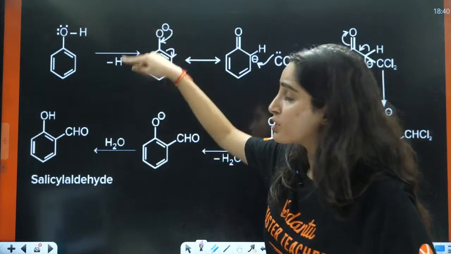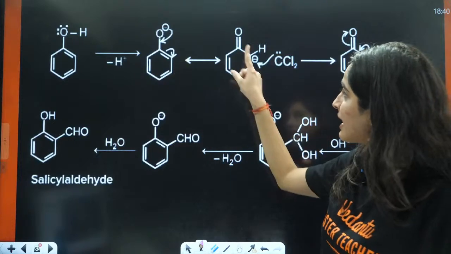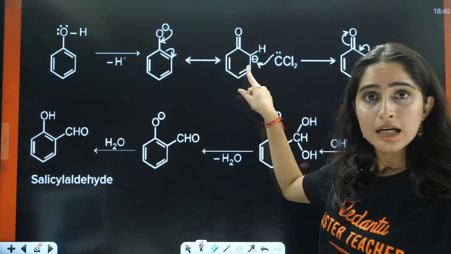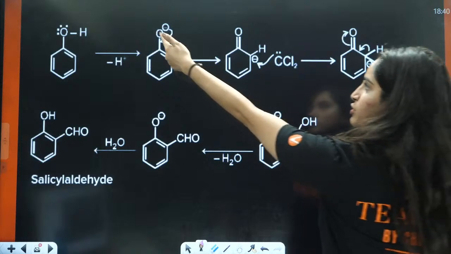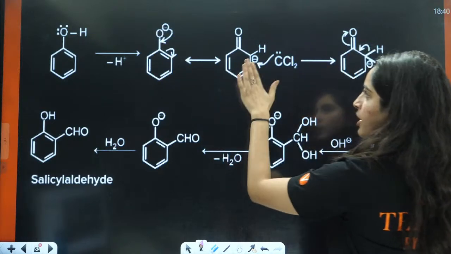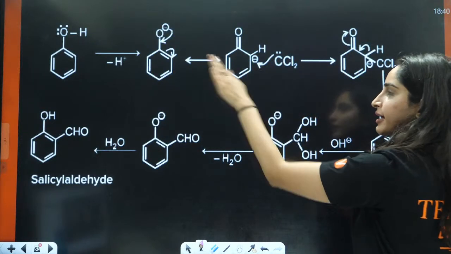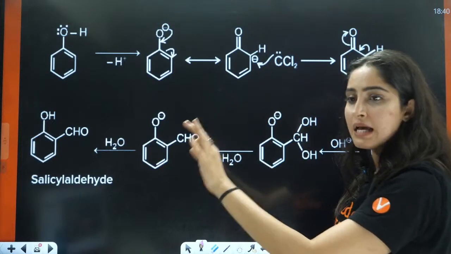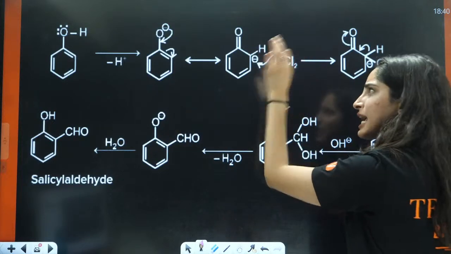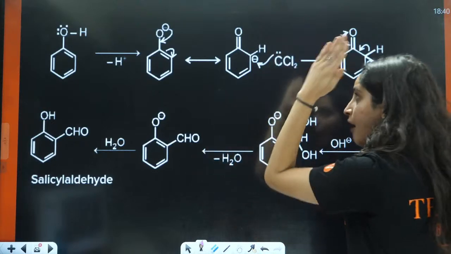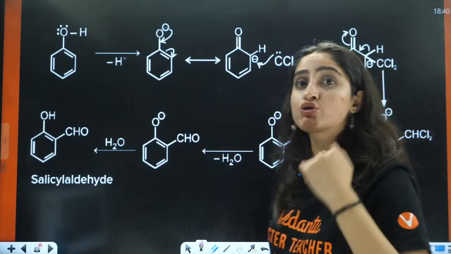It is going to form this phenoxide ion. Phenoxide ion has this resonating structure, where the electrons are going to jump here. Till here everything is the same as Kolbe's reaction, but after this things are going to change.